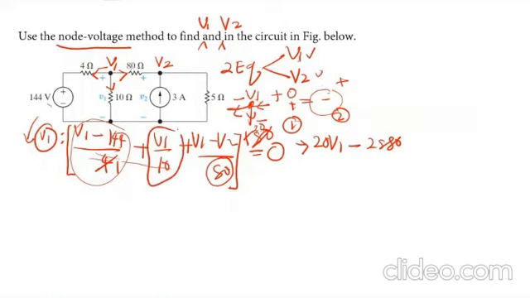Now multiply the next part by 80 too. 80 divided by 10 is 8, so we get plus 8 V1. Then for the last part, 80 divided by 80 is 1, so we have plus V1 minus V2 equal to 0.